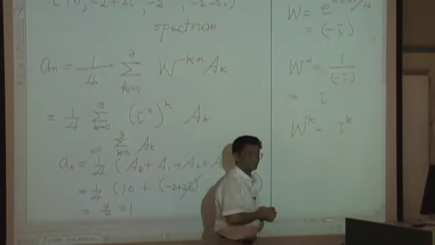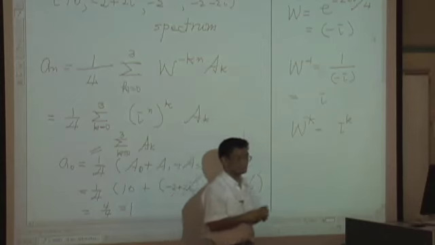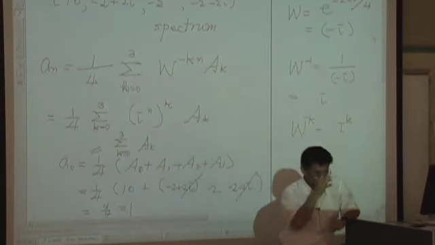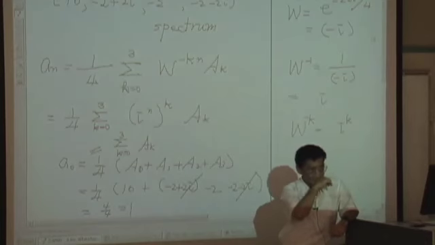Yes? I'm not sure I see where, when we get the spectrum, in a number of cases we're going to have some complex values. I'm not sure I understand where those complex values are used in the spectrum.